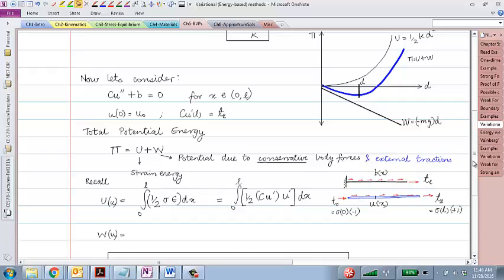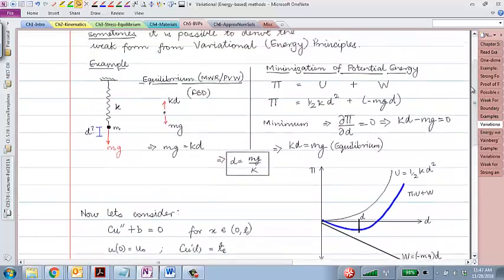Since I don't know what that u of x would be, let's assume that it's going to be in the positive sense. So as I move u of x in the positive sense, and the body force is also in the same direction, do you think the potential would increase or decrease?